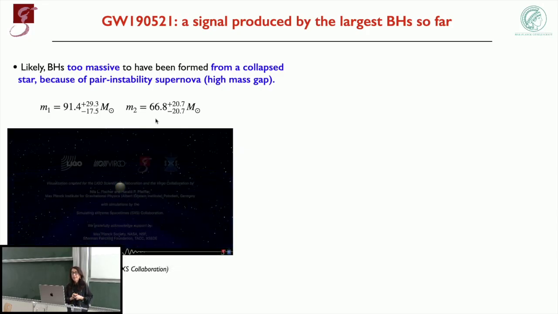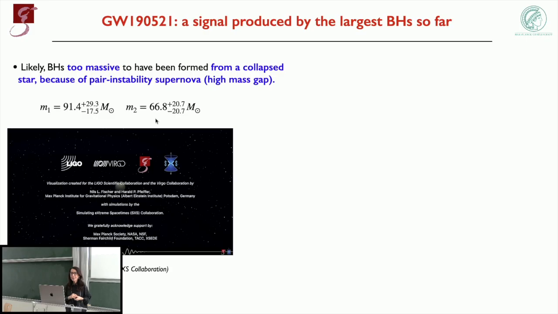Now, theoretical astrophysicists tell us that you cannot form a black hole with a mass between 60 and 120 solar masses from the collapse of a star because of a phenomenon called pair instability supernova. So basically what happens is that the star is collapsing and at some point, if the mass is in a certain range, you produce, from the gamma decay, e plus, e minus.